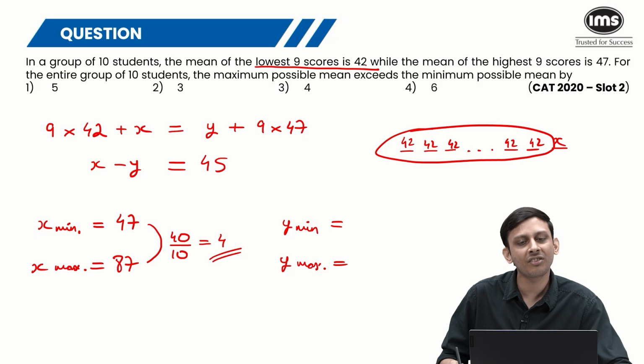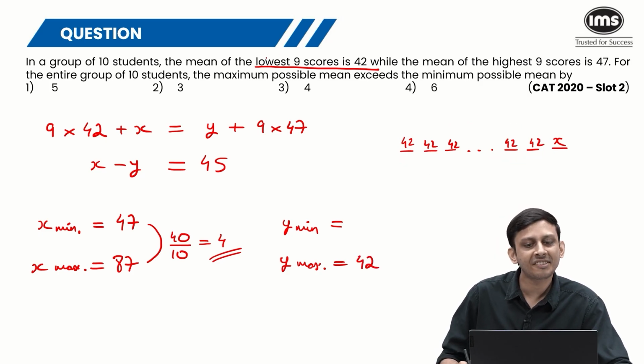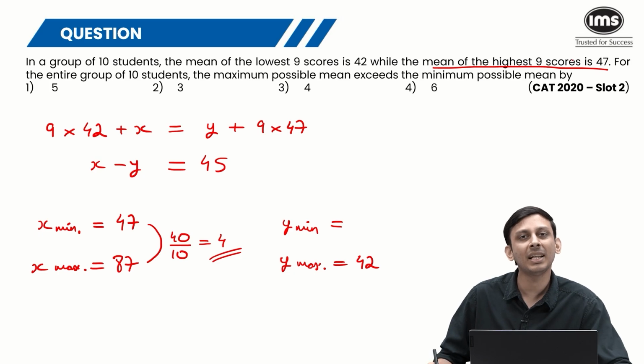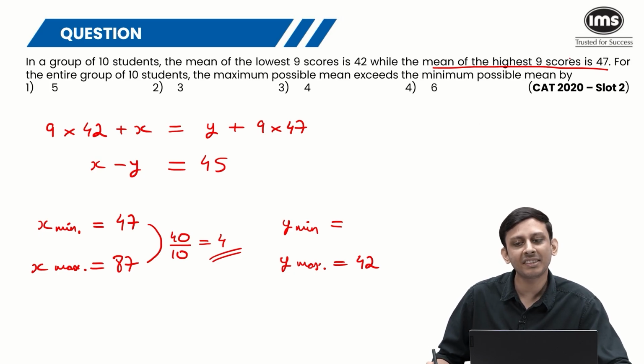Okay, using this situation, the maximum that the lowest score can be is 42 when all these 9 lowest scores are 42. We already have that. Now, what about the minimum? Now, using this, we have got the maximum of y. So, using the other situation, we will get the minimum of y, which we'll come to here. And of course, here we get the minimum of x. As we have seen, here we'll get that the minimum value of x is 47.